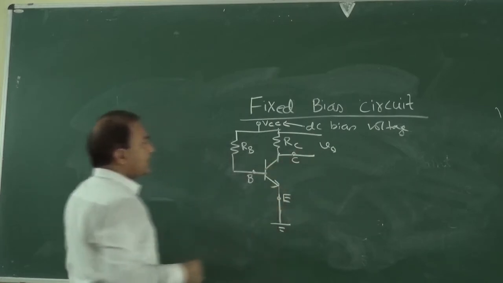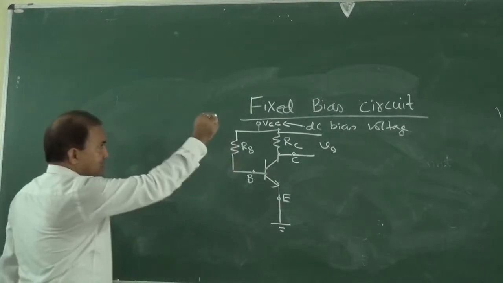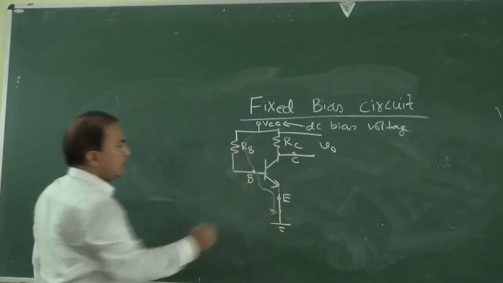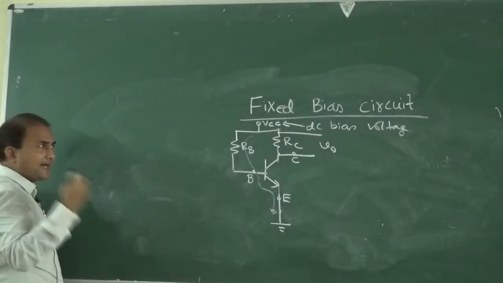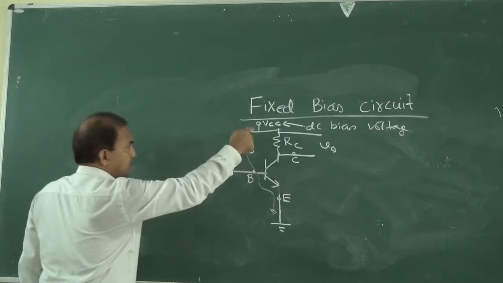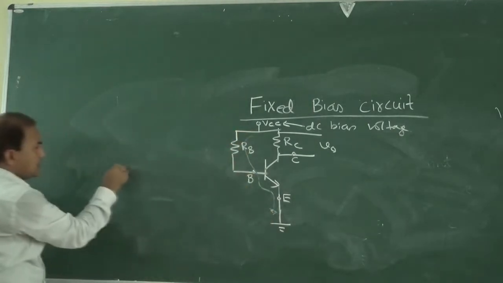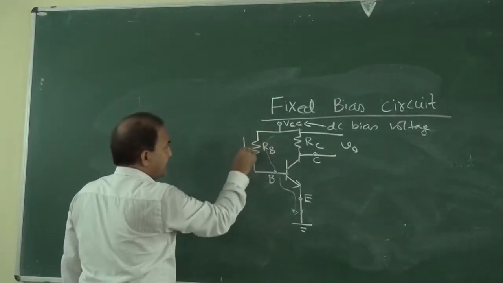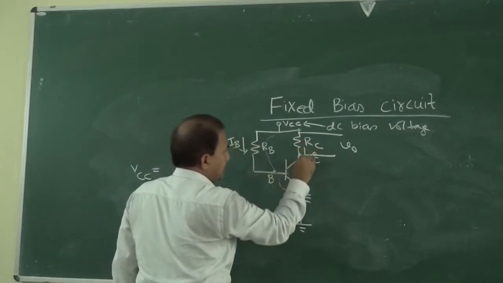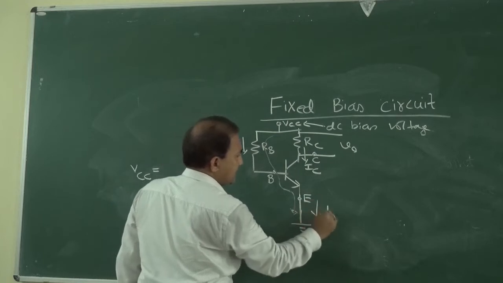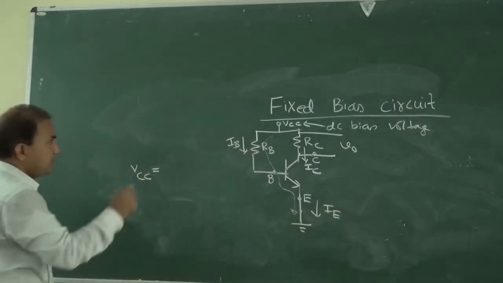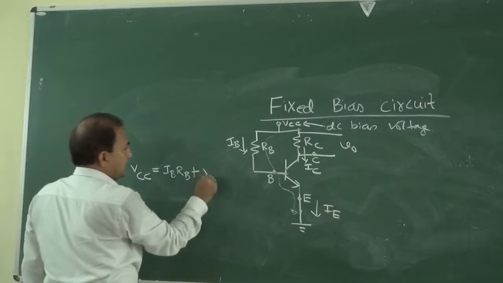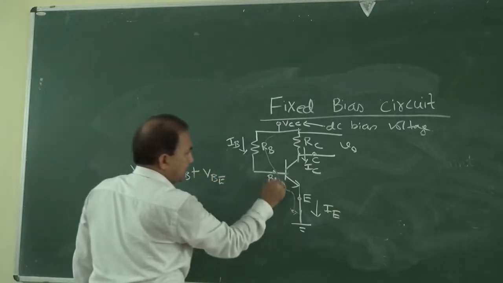Now in this loop, applying Kirchhoff's voltage law, VCC is equal to IB RB plus VBE. Here this is IB, IC, and the direction of IE.